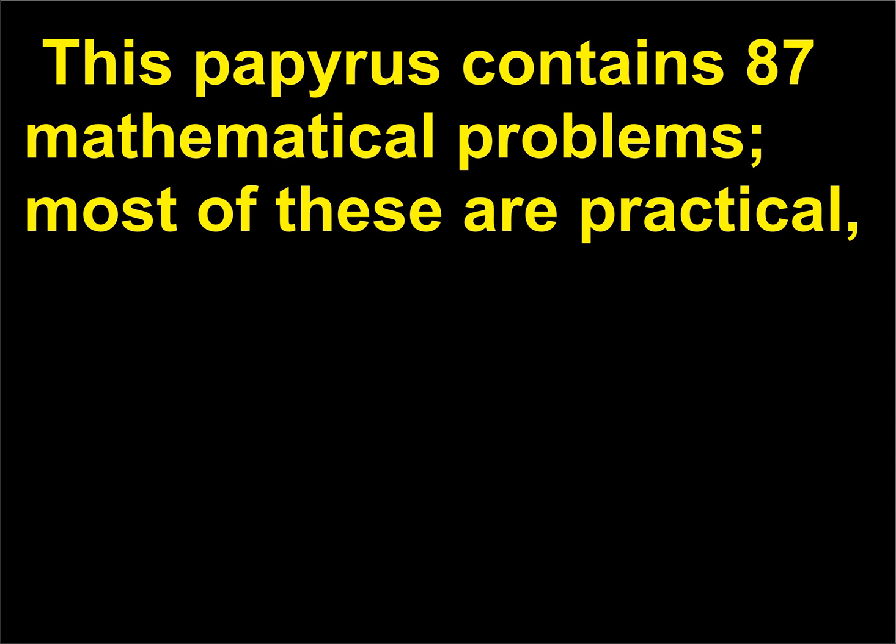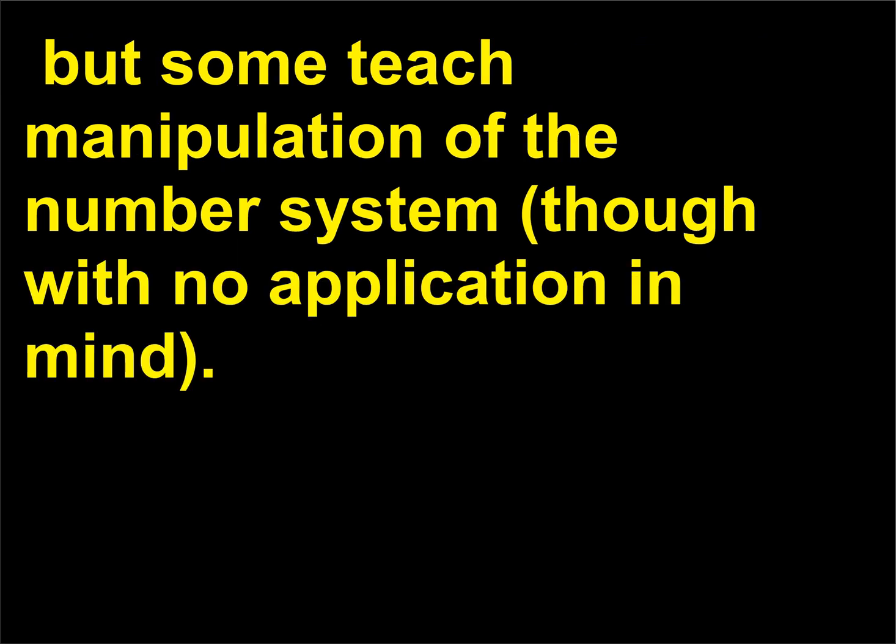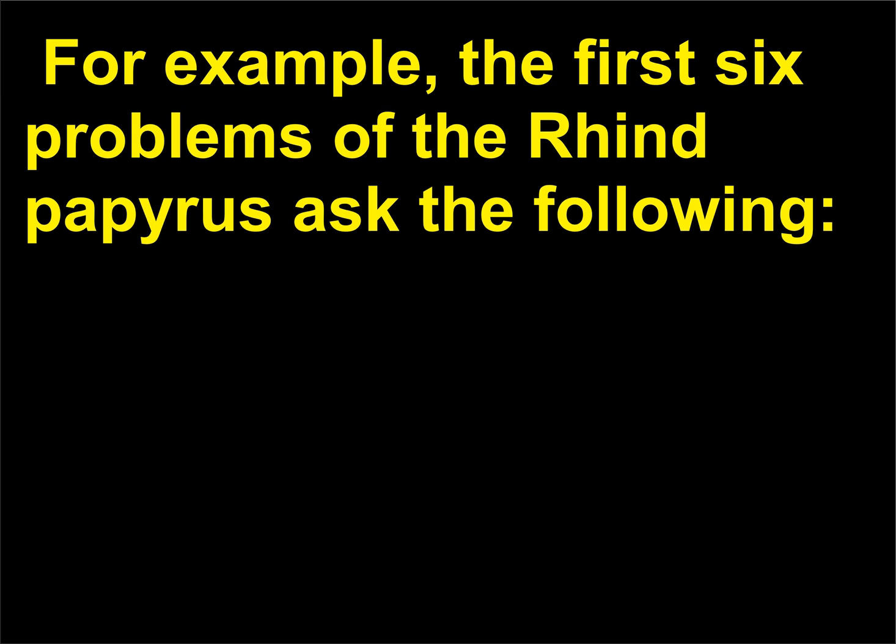This papyrus contains 87 mathematical problems, most of these are practical. But some teach manipulation of the number system, though with no application in mind. For example, the first 6 problems of the Rhind papyrus ask the following.